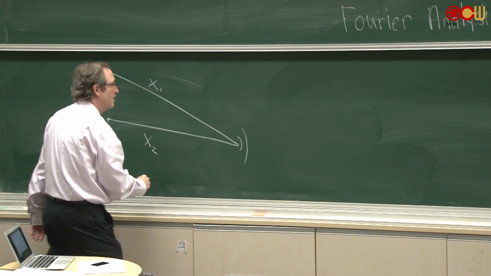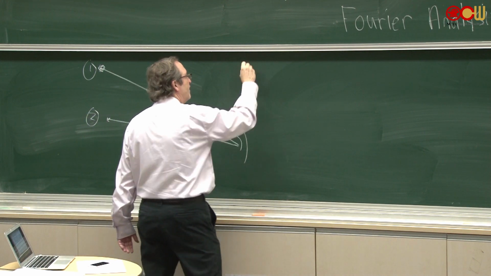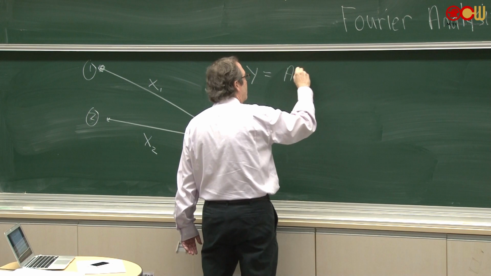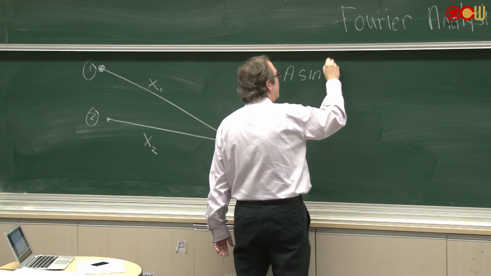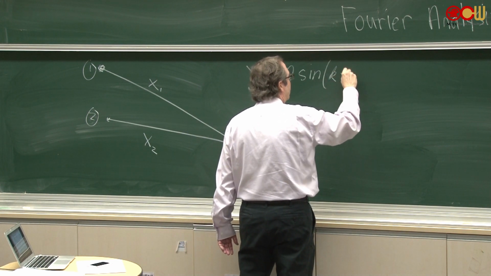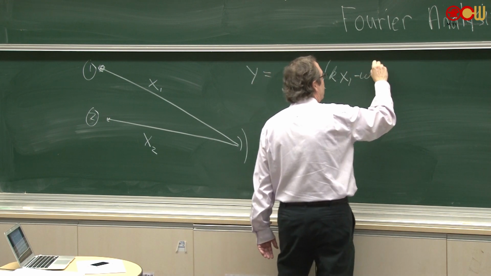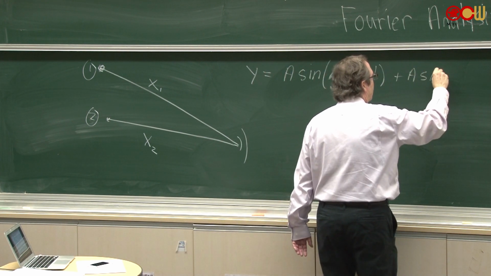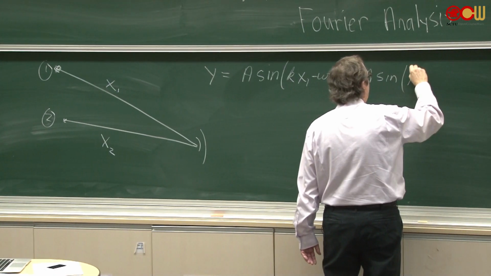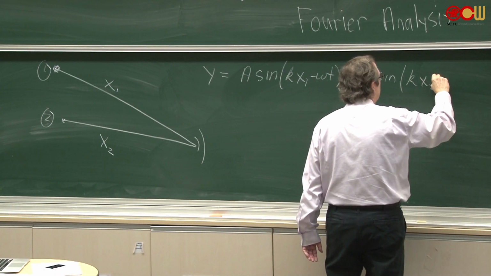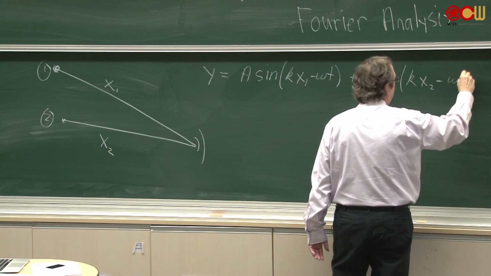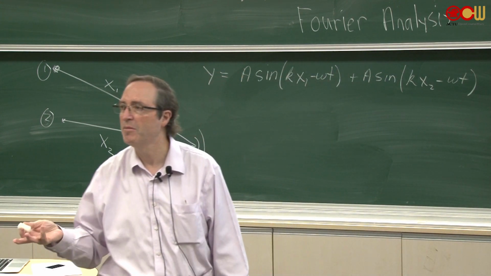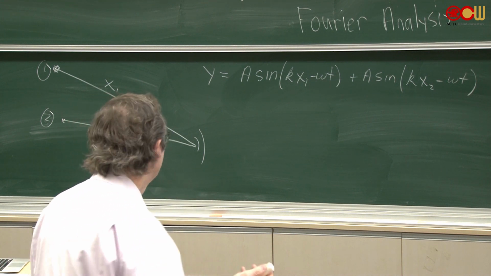All right? So what we hear over here is a sine k x1 minus omega t plus a sine of k x2 minus omega t. All right, so that's what we hear. We just sum it up, and we hear those two.